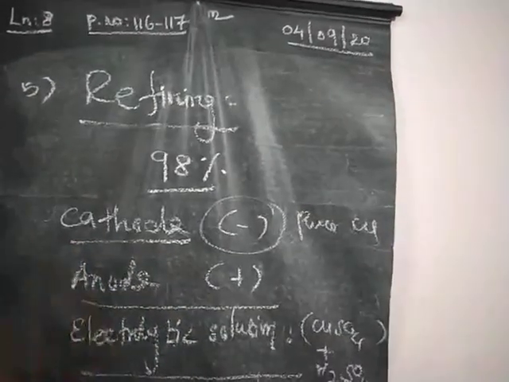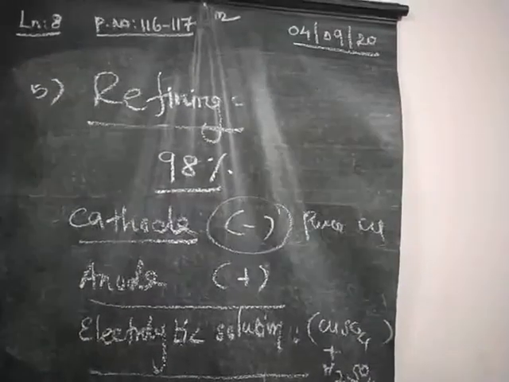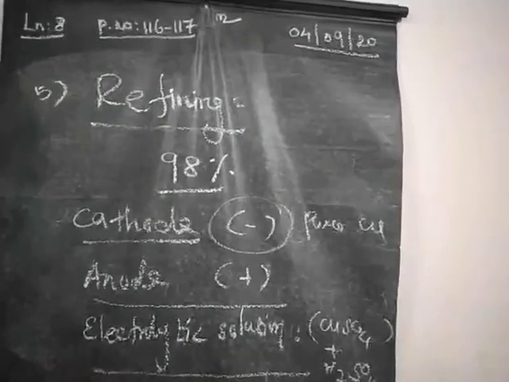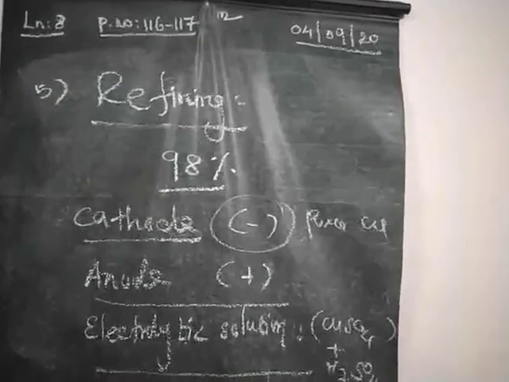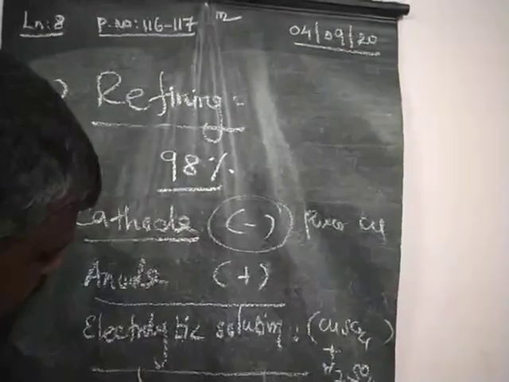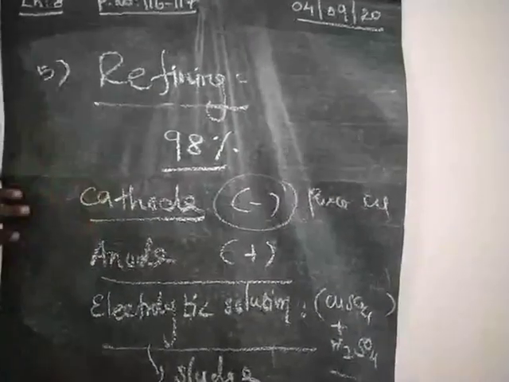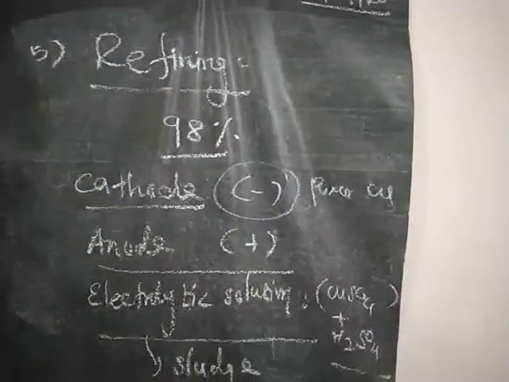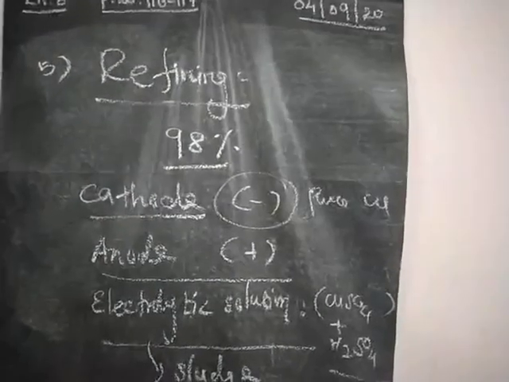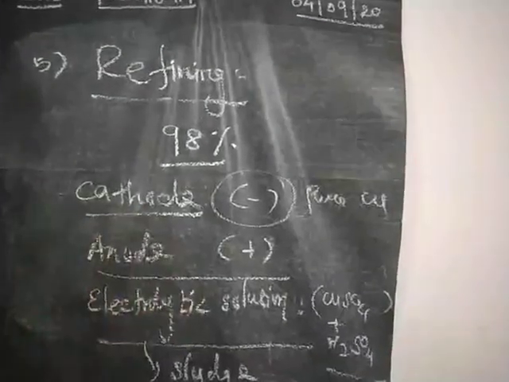On the anode side, the waste products settle down. The impurities settle at the bottom of the anode in the form of sludge, and that sludge waste is called anode mud. In this way we extract copper from copper pyrites.